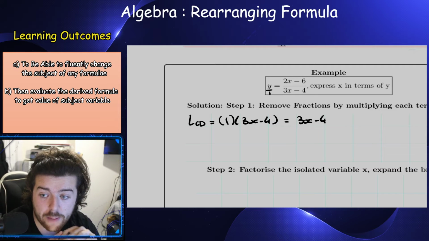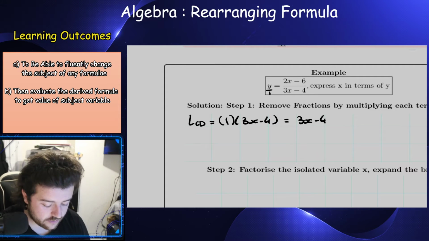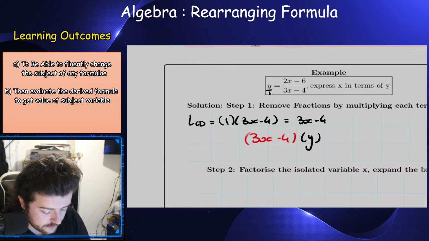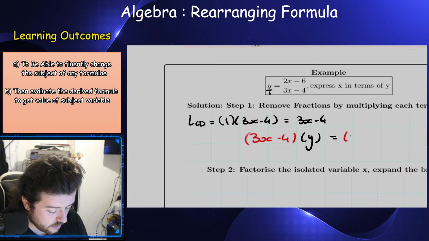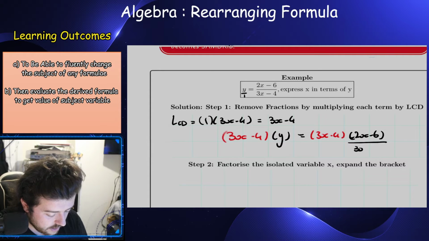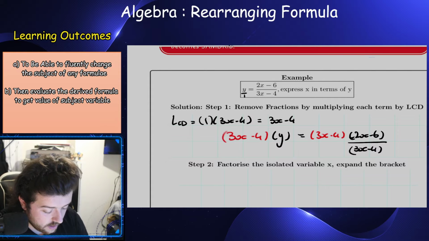So now I'm multiplying each term by 3x minus 4. So I have (3x minus 4) times y equals (3x minus 4) times (2x minus 6) all over (3x minus 4).